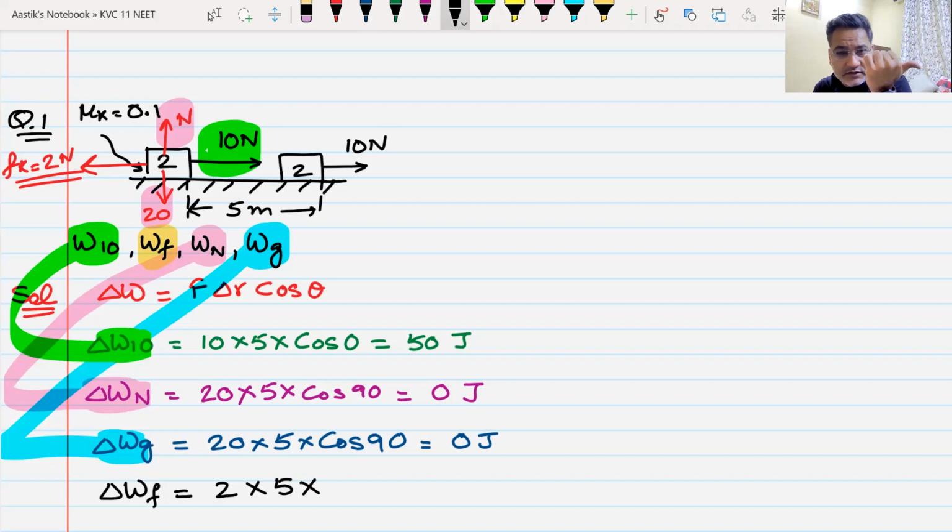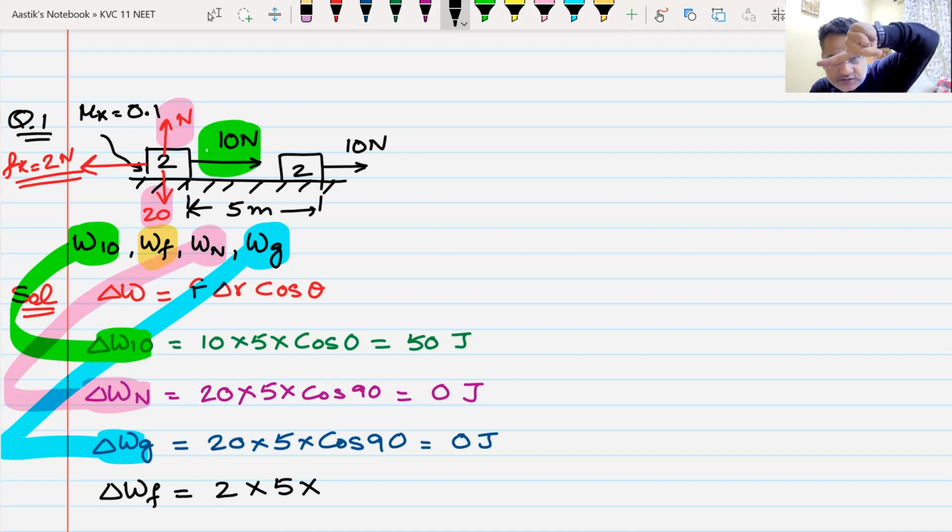When they are in the same direction, angle is 0.